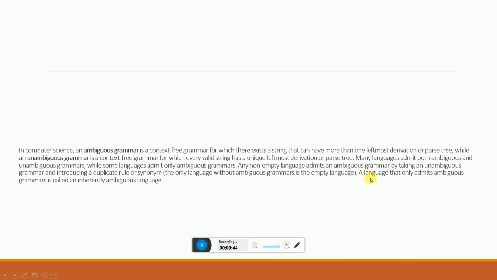Now there are other things also. For example, you can see this line: a language that only admits ambiguous grammars is known as inherently ambiguous language.